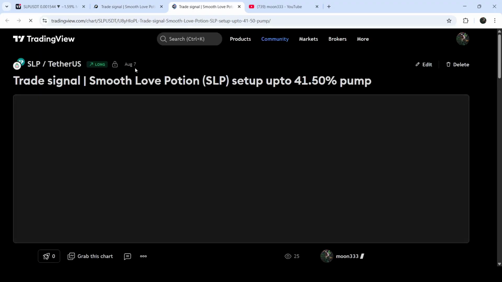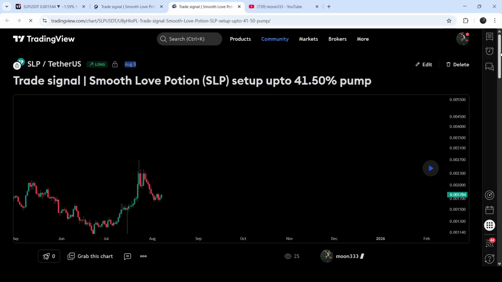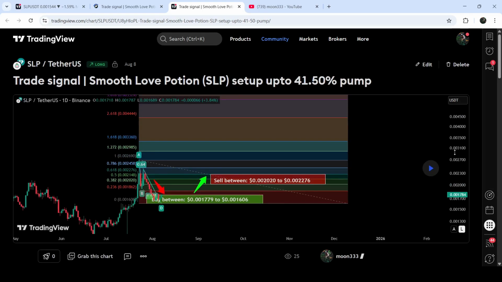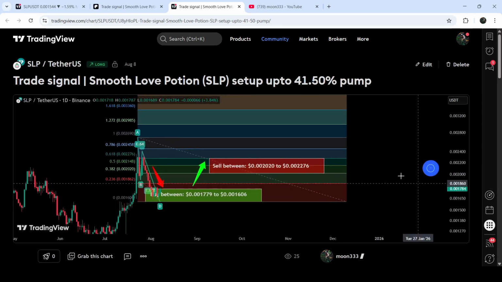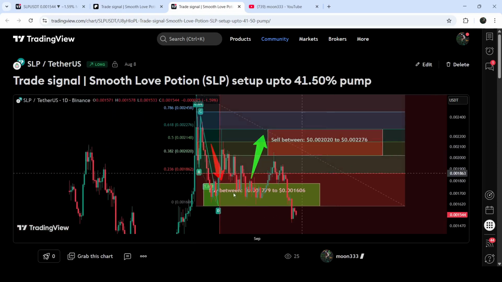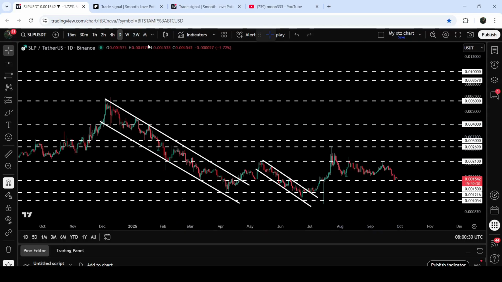And on this chart, you can see when I shared this signal, like this trade setup I shared on 8th of August 2025. And here you can also see the complete trade setup as well, like this is the buying zone, sell target zone, and the stop loss. And in order to see how the price line moved after sharing this signal, you need to click here. And after that, it will show you how the price line moved up from the buying zone and reached the sell target zone.